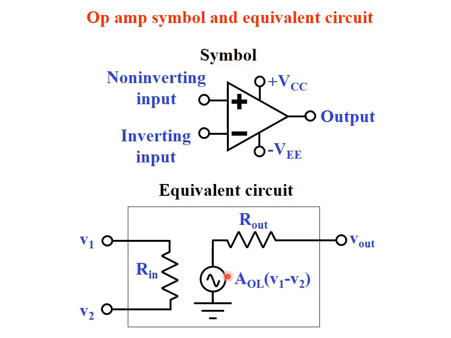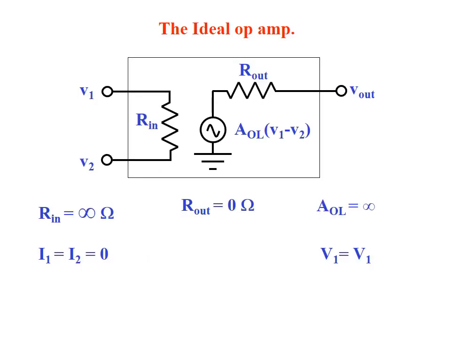This source is the amplification source, so it will be the open loop gain multiplied by the difference between V1 and V2, the difference between the two inputs. So the difference will be amplified, and then it will go to the output through R out, the output resistor of the operational amplifier, and usually this one is a very small resistance. So we have a very high input resistance and a very low output resistance.